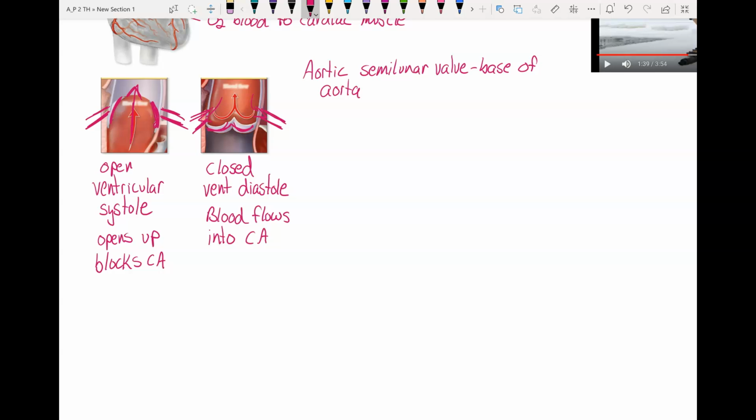So what this means is that every time your ventricle contracts, that aortic semilunar valve opens. And when it opens, it blocks the coronary arteries. And if those arteries are blocked, you are not sending oxygenated blood to your cardiac muscle.